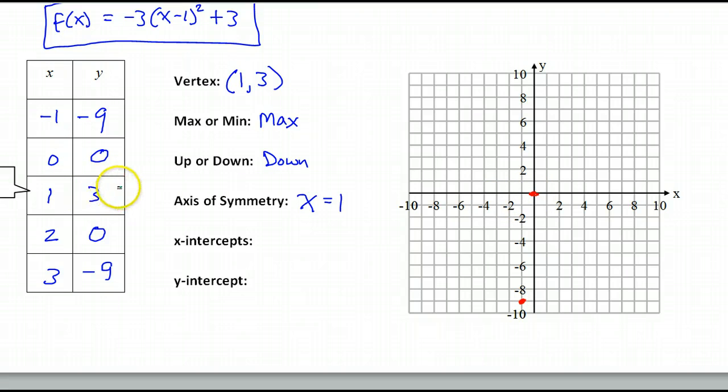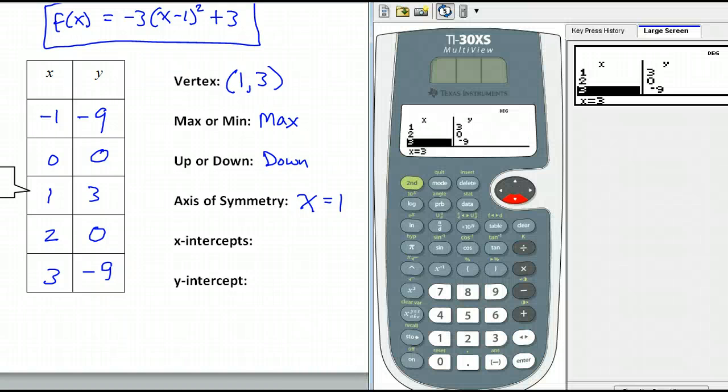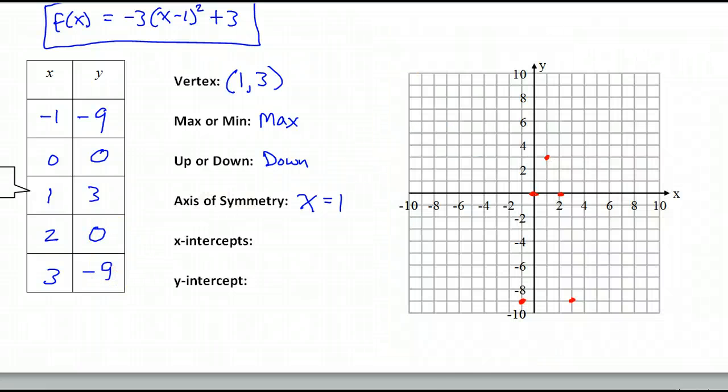Oh, sorry. First folder then. Yeah. 1, 3, 2, 0, and 3, -9. Okay, because we looked at the calculator, saw that in fact we were correct with our guess.